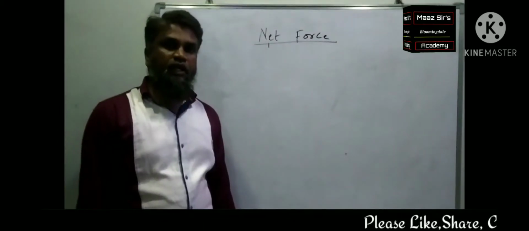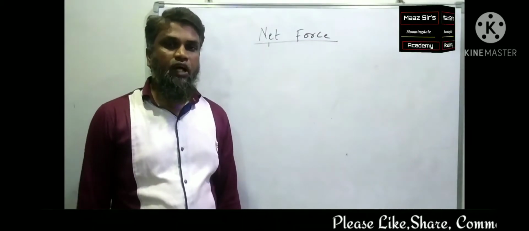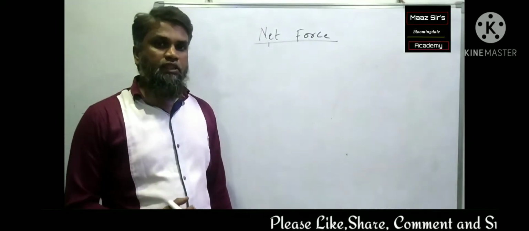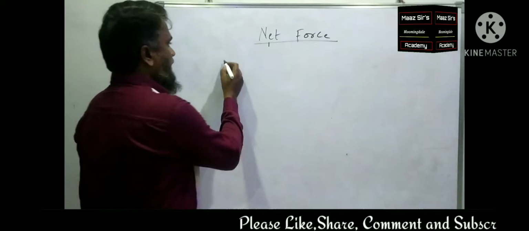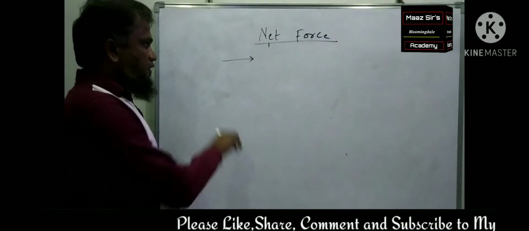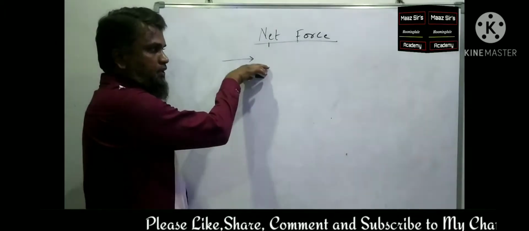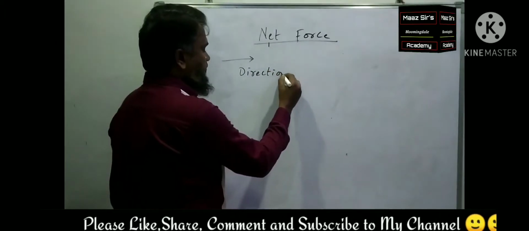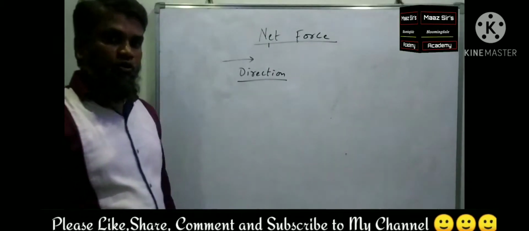Before explaining net force in detail, you have to remember that force is always represented by an arrow mark. That means the force is exerted in this direction. It is showing direction.